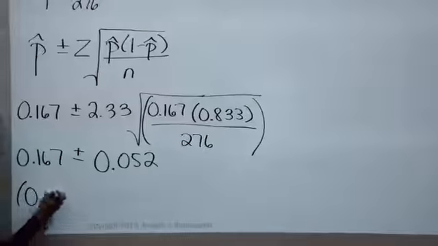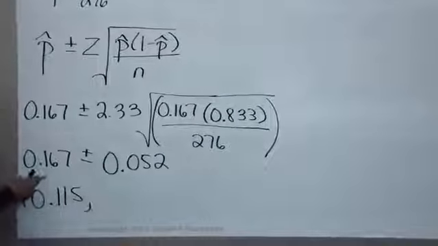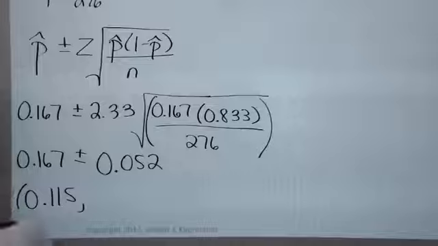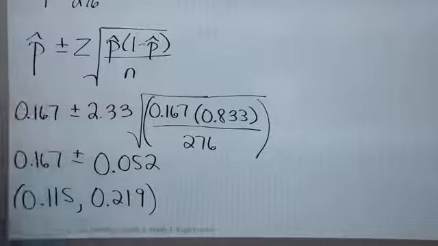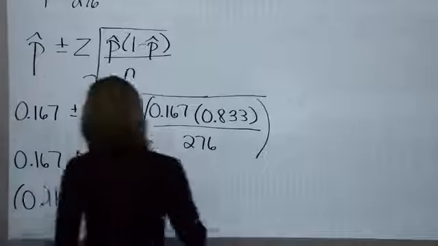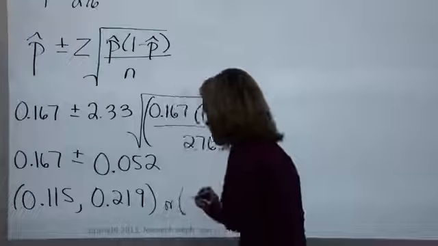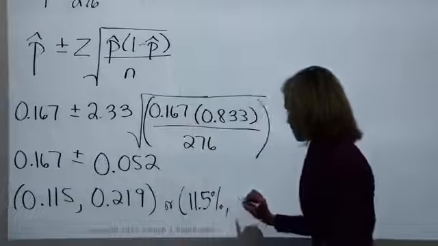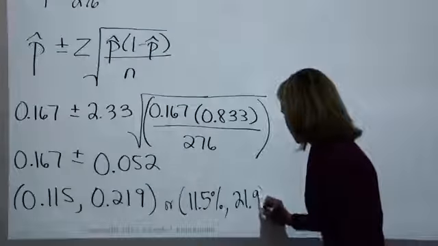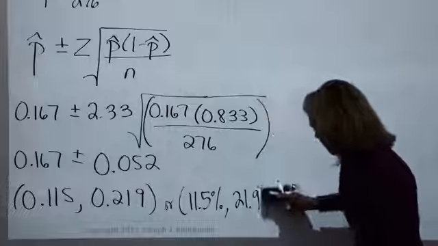And when you do that, you get about 0.115. We'll take our sample proportion, we'll add the margin of error, we'll get about 0.219. You could also write this with percentages. We're saying our confidence interval goes from about 11.5% to 21.9 percent.